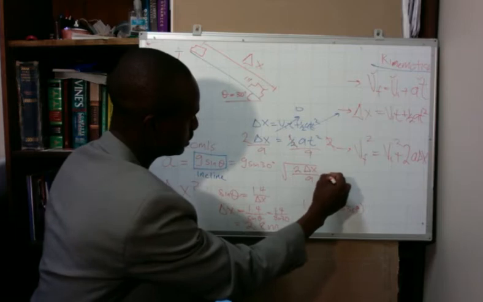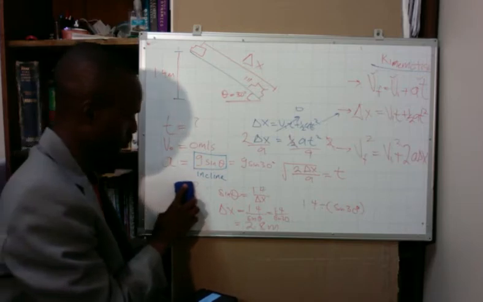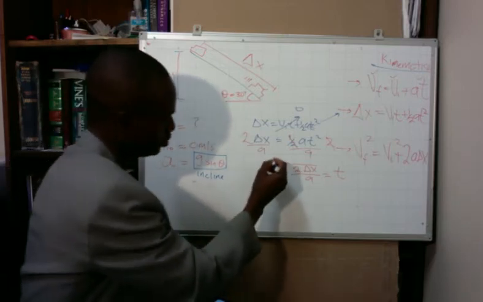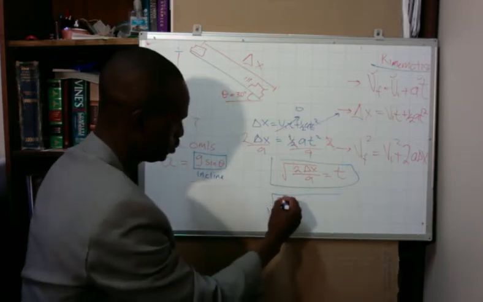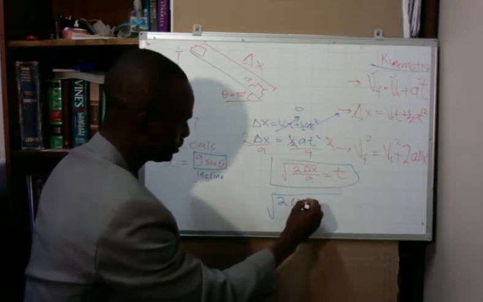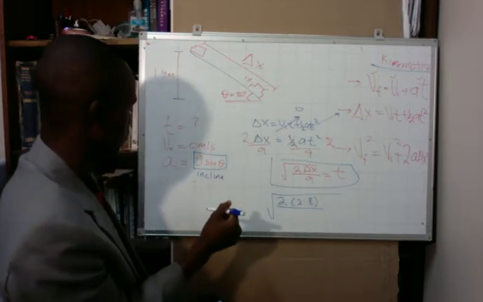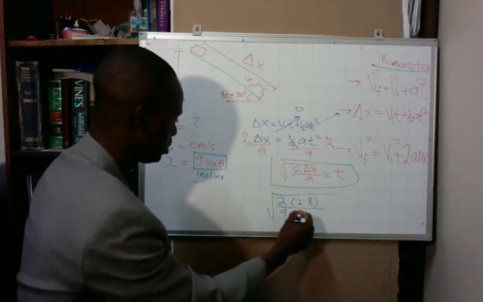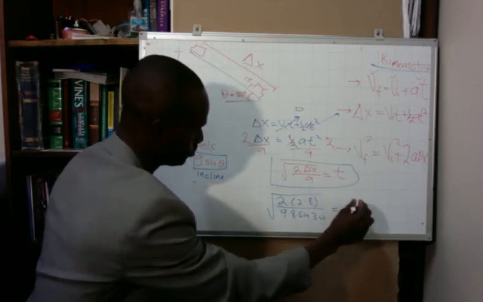So that's 2 times 2.8 divided by negative 4.9.